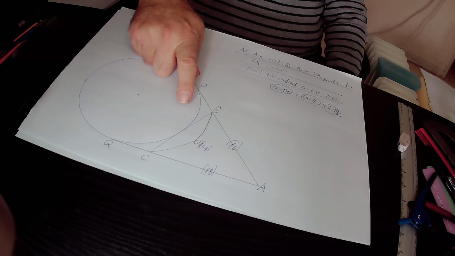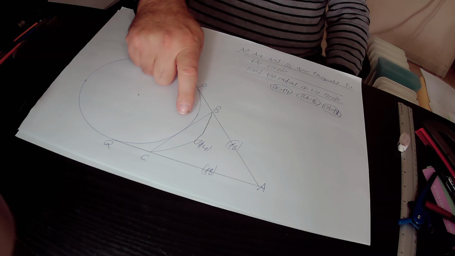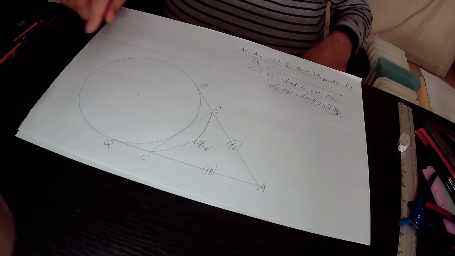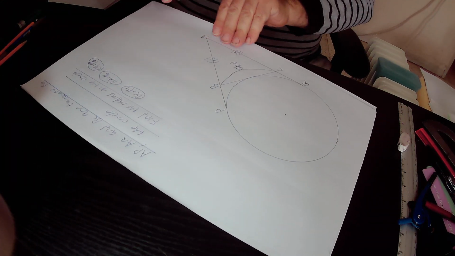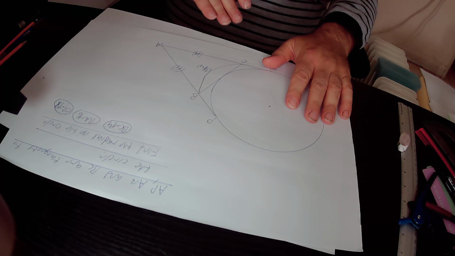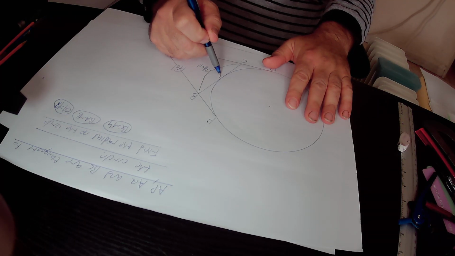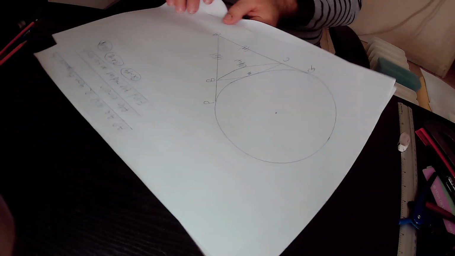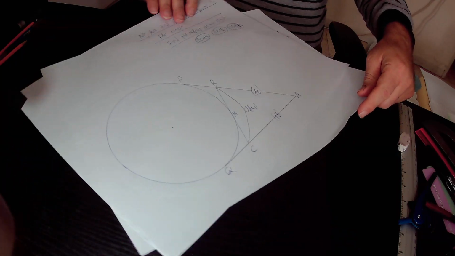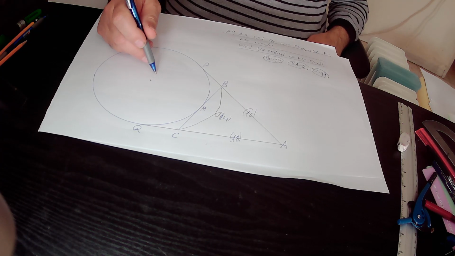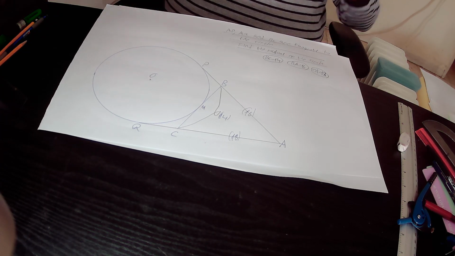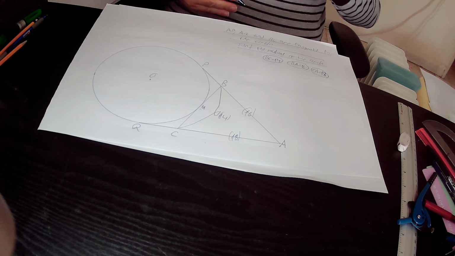So we define the point of tangency of tangent BC with this circle, this point M. We define the center of this circle, this point is point O. We define the radius of this circle as R. R is the radius that we are looking for in this question.